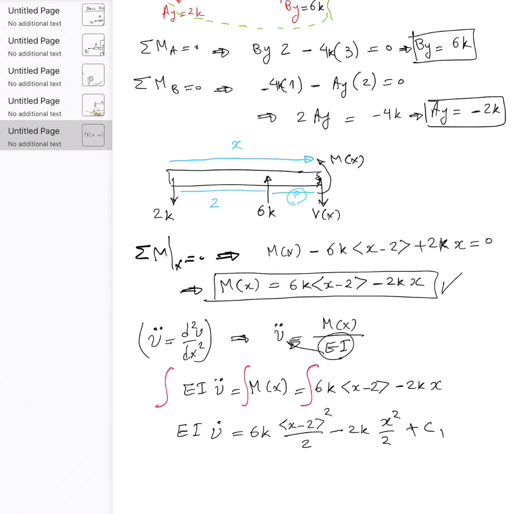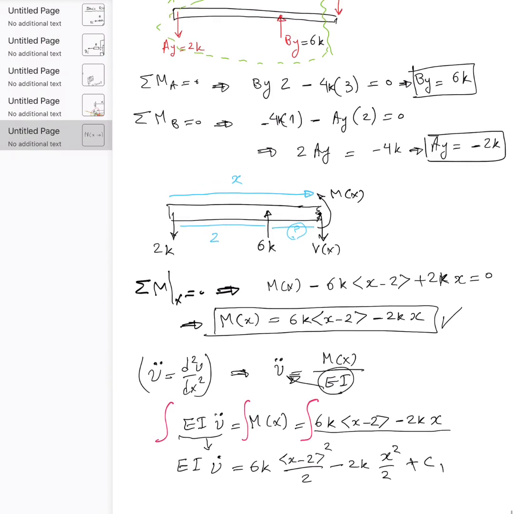I simply took the integral of this term, which results in EI V dot.